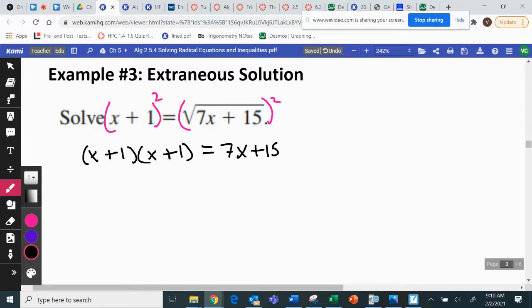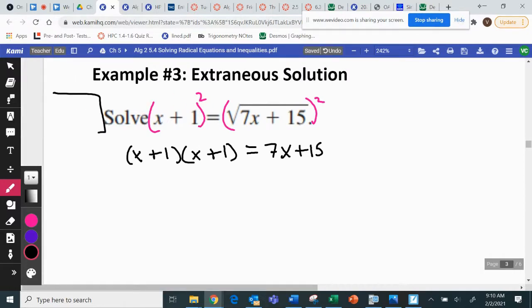Do not kill a puppy. You need to multiply it out. The answer is not x squared plus 1. You can do the grid if you like the grid. You could do FOIL. You might know the pattern. I've done this so many times that I know the pattern.